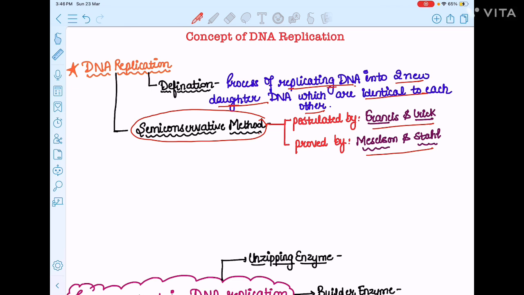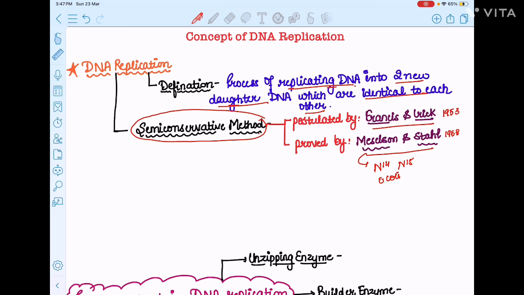Postulated, that is, in 1953 when Watson and Crick proposed the double helix model of DNA, they also suggested that DNA can replicate in a semi-conservative method, which was later proved in 1958 by the experiment of Meselson and Stahl, in which they used two isotopes of nitrogen, N14 and N15, on Escherichia coli. So the foremost credit goes to Meselson and Stahl.